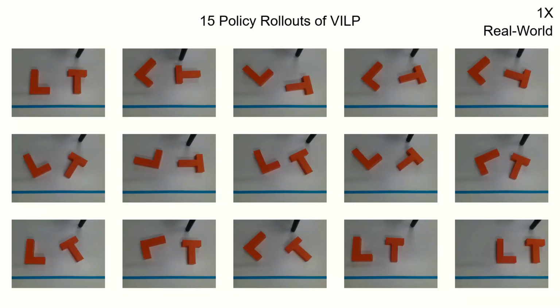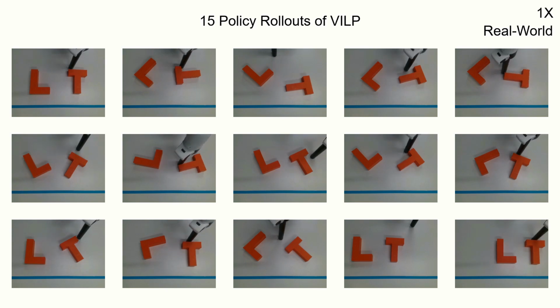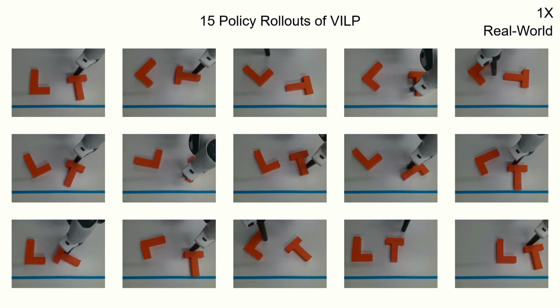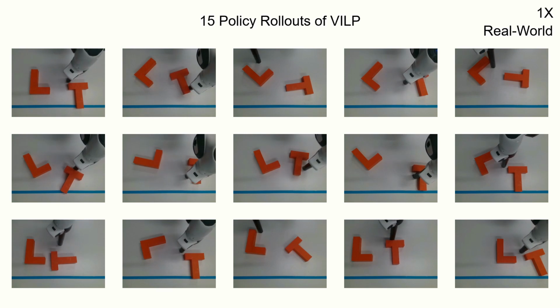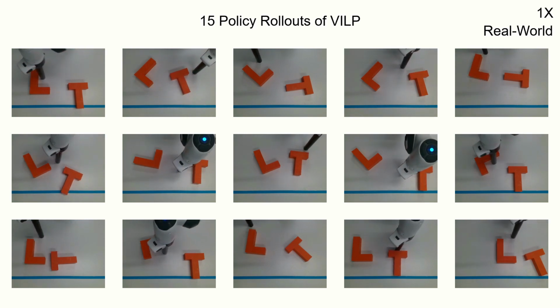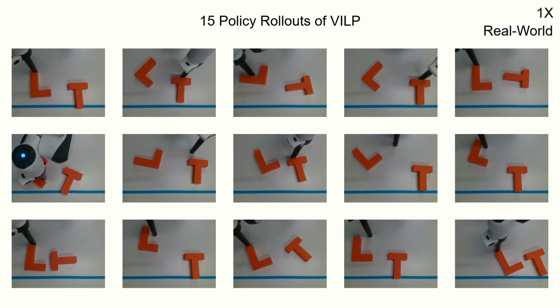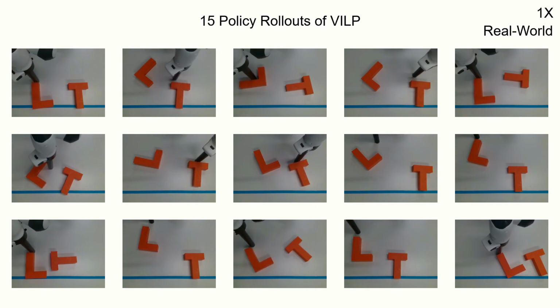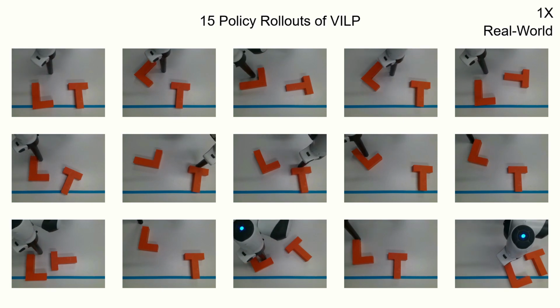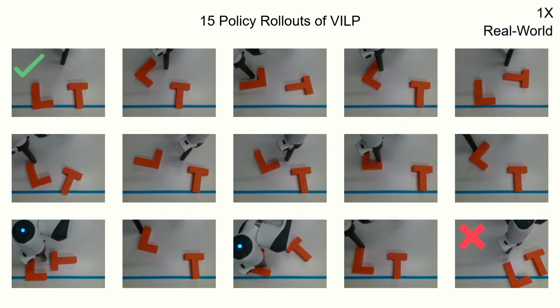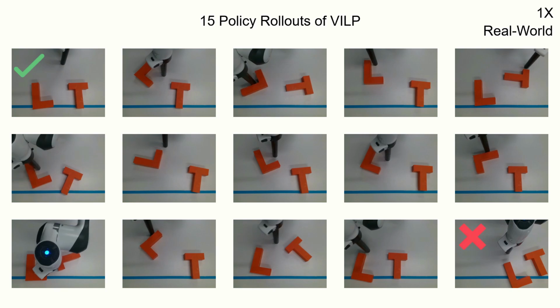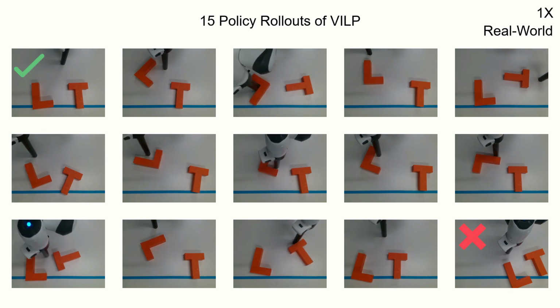Here, we present additional VILP rollout results. These results demonstrate that VILP effectively handles this challenging task, which demands high-level planning, multimodal action capture, and precise control. Successful arrangement of both blocks is marked with a check, indicating task completion, while arranging only one or no blocks is marked with an X, indicating incomplete task performance.